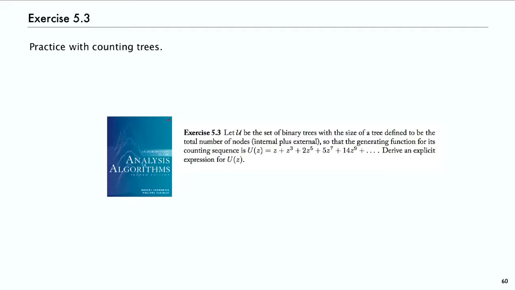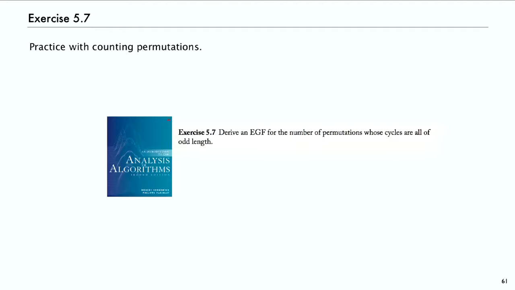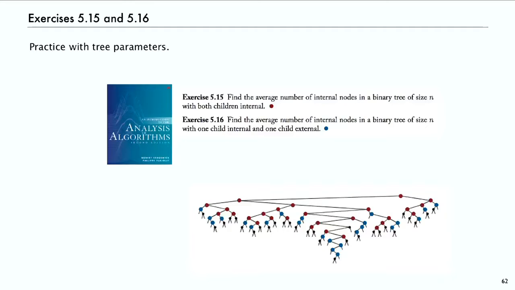This is binary trees where the size is the total number of nodes, internal and external. So there's always an odd total number of nodes. Get an expression for that. Permutations: what about when the cycles are all of odd lengths? That's an easy one.